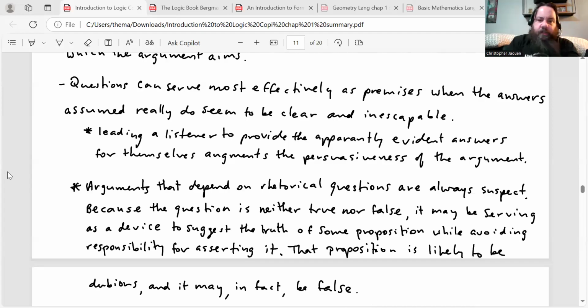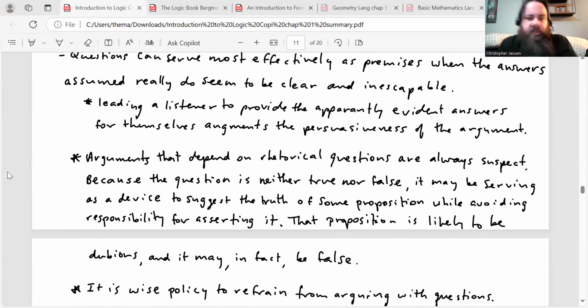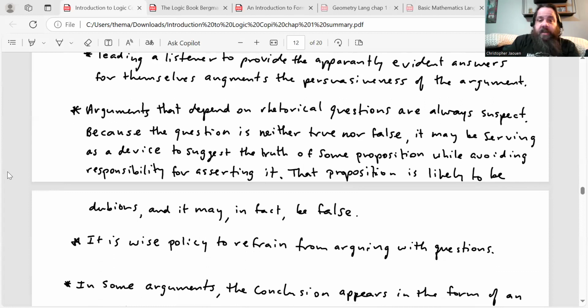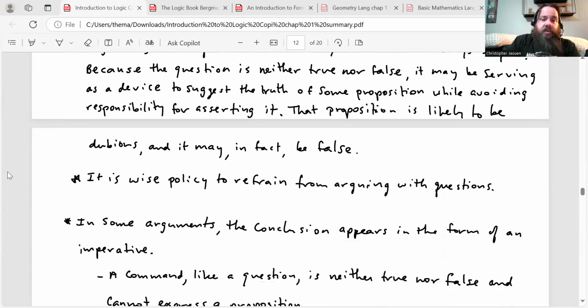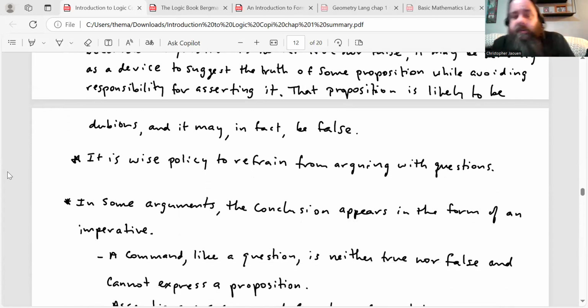And arguments that depend on rhetorical questions are always suspect because the question is neither true nor false. It may be serving as a device to suggest the truth of some proposition while avoiding responsibility for asserting it. That proposition is likely to be dubious and it may in fact be false. So it's wise policy to refrain from arguing with questions.